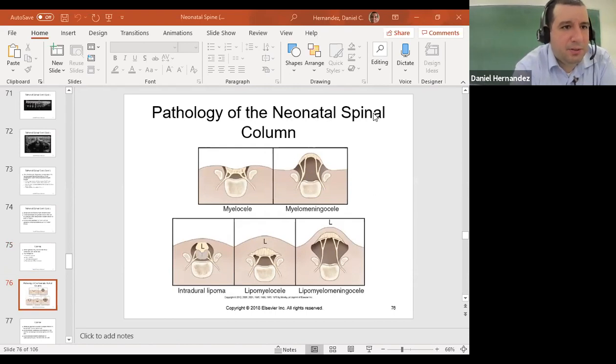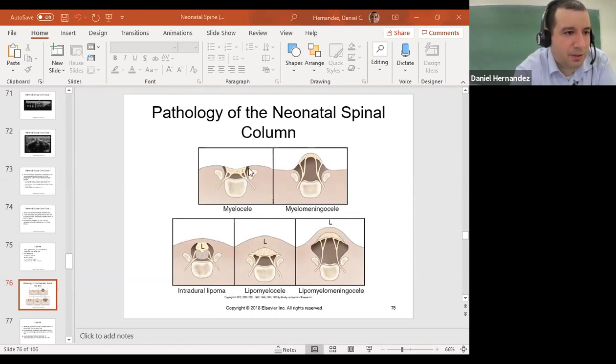So pathology of the spinal canal in this slide. So here we see what we were going to talk about is the open dysraphisms. So you can see that there's no skin covering on these deformities, this myelocele and this myelomeningocele. Whereas with these deformities, we do have a skin covering. So over here, we just have a thin membrane and this defect is actually exposed.